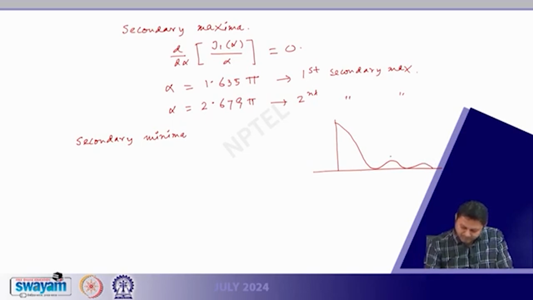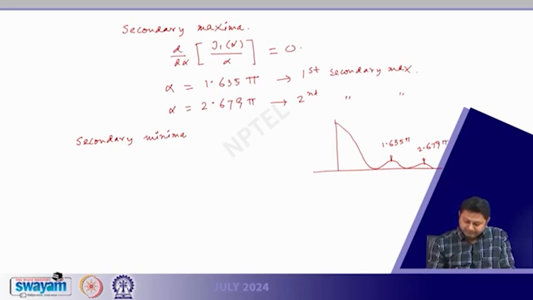This point and this point are the first and second secondary maxima. This is 1.635 pi and this point is 2.679 pi.